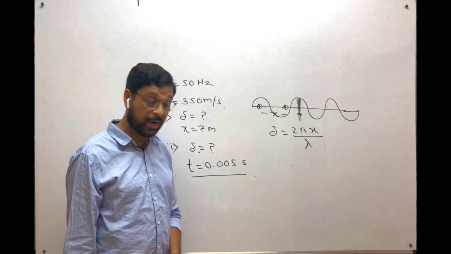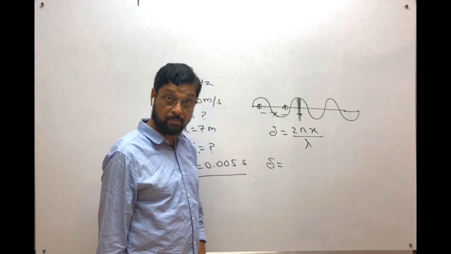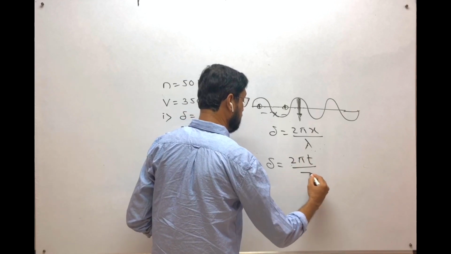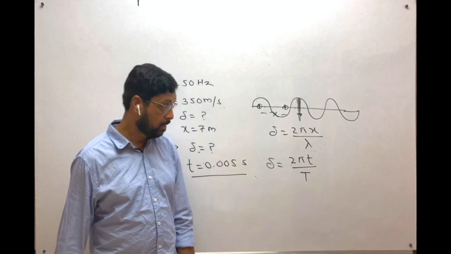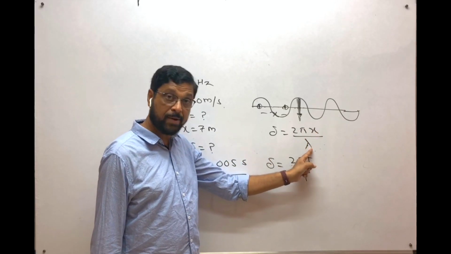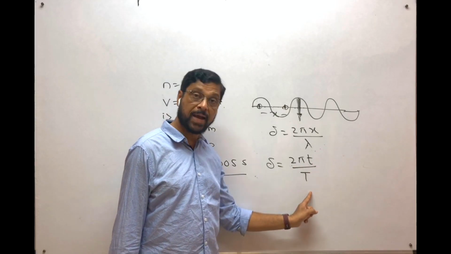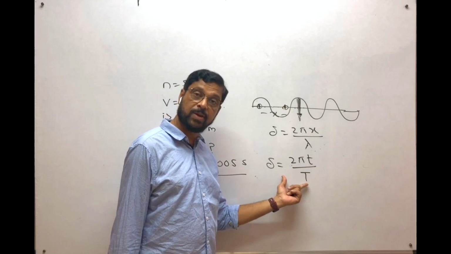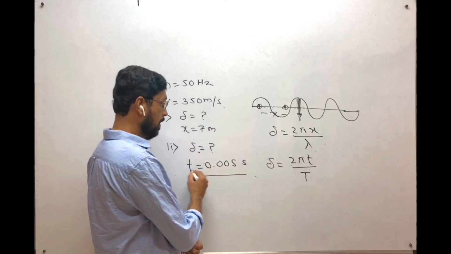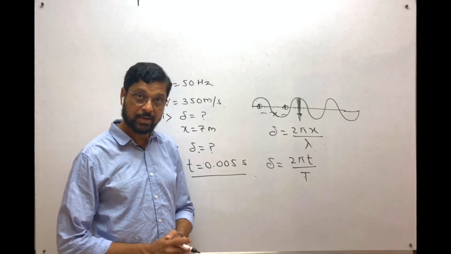That you have to find out, and that phase difference with respect to time is given by 2 pi t by T. इसी को हम अगर कैलकुलेट करें, 2 pi x by lambda को अगर हम derive करें, you directly come to this delta is equal to 2 pi t by T. You remember this formula directly for your calculations. This t is the time and capital T is the periodic time of the wave.